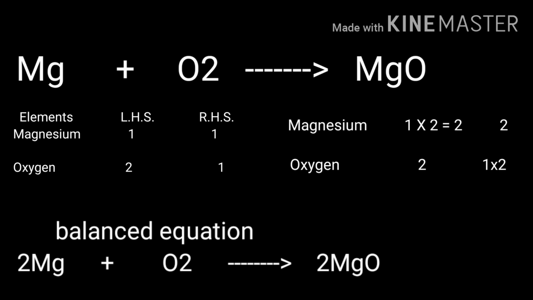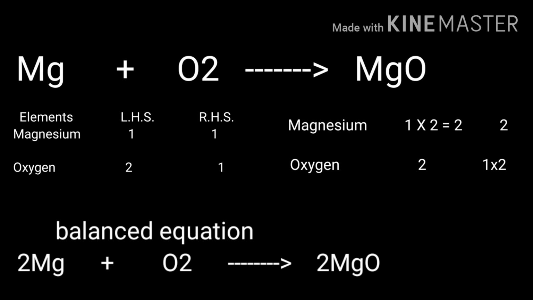Now check the number of oxygen atoms on the left hand side. There are two oxygen on the left hand side and one oxygen on the right hand side. It means that the number of oxygen is not balanced. So first we will balance the number of oxygen. To balance the number of oxygen on both sides, we need to multiply by 2 on the right hand side.